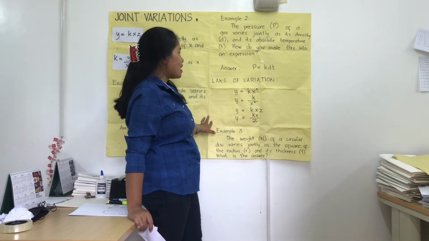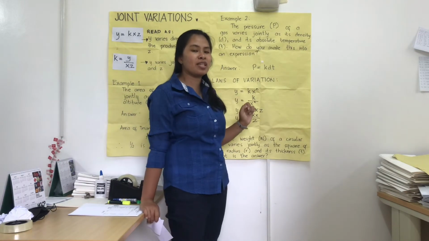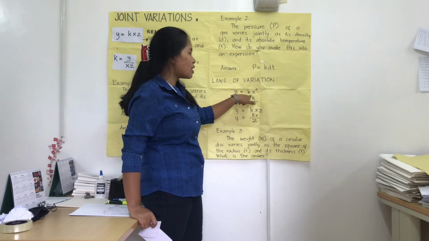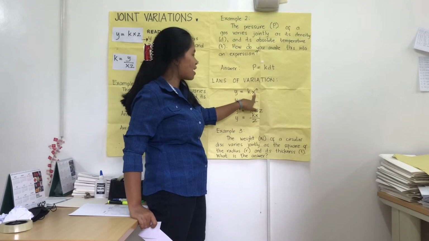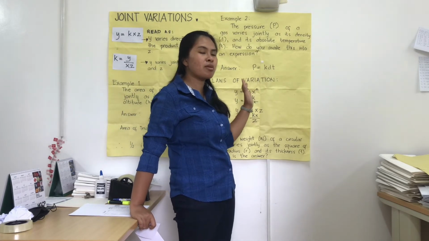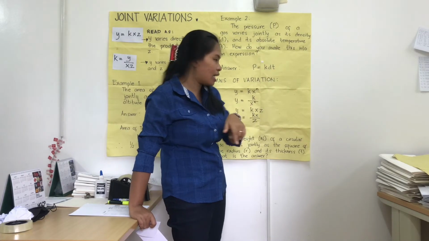So, that's it. We should always remember that there are laws of variation. y is equal to constant k multiplied by x raised to the power n. This n can be any number from 1 to infinity, right?